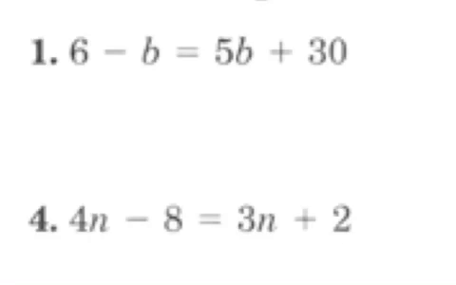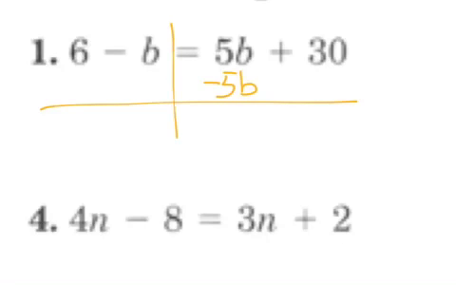Okay, so on number 1, I generally like to try to get my variables over on the left-hand side. So the 5b needs to be moved. It's a positive 5b, so the opposite of that is a negative 5b. So I'm subtracting that.